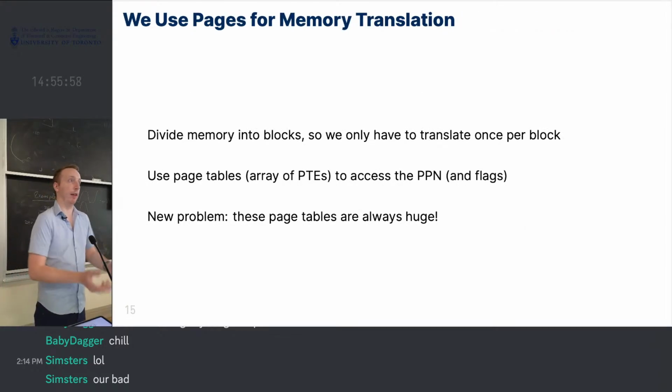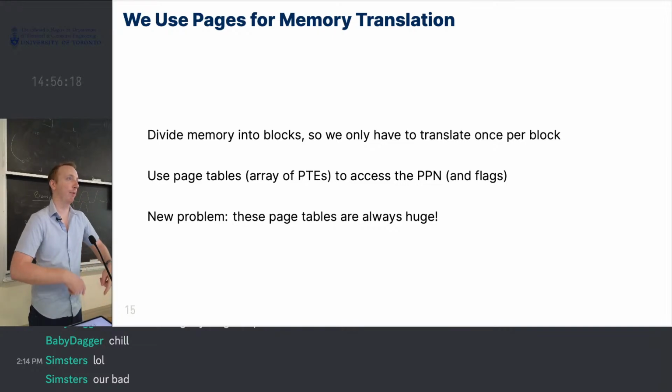So that's it. In today's lecture, we use pages for memory translation. Our idea was to divide memory into blocks, then only translate once per block. We use page tables, which are essentially an array of page table entries. The important things the entries had in them were a physical page number and some flags. We probably only care about valid, readable, writable, that's about it.